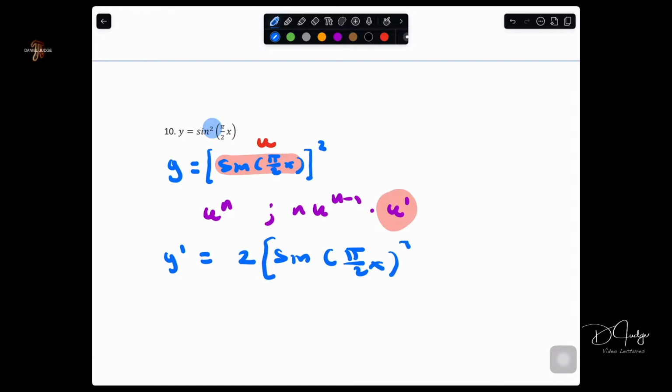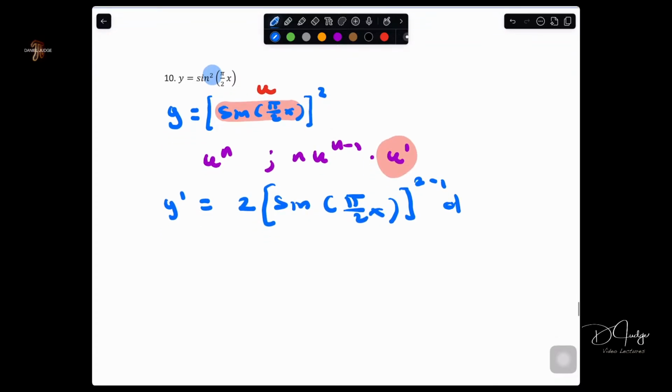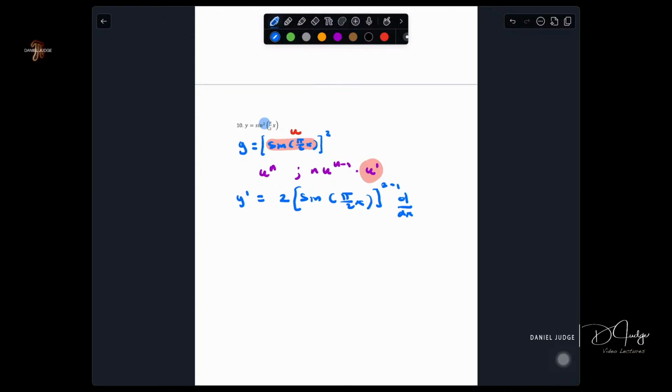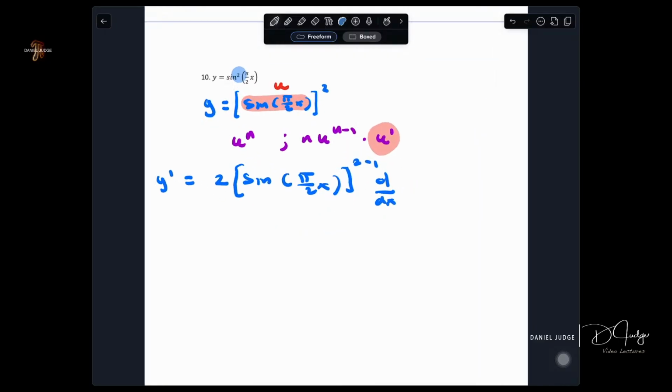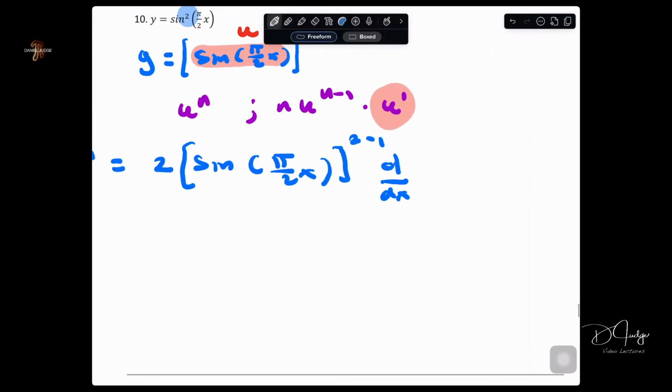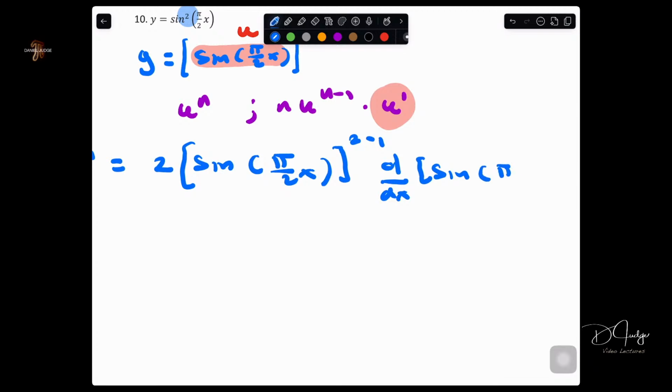Now, really, if we had to go through every detail, that's 2 minus 1. And then we have to differentiate now sine of pi over 2x.